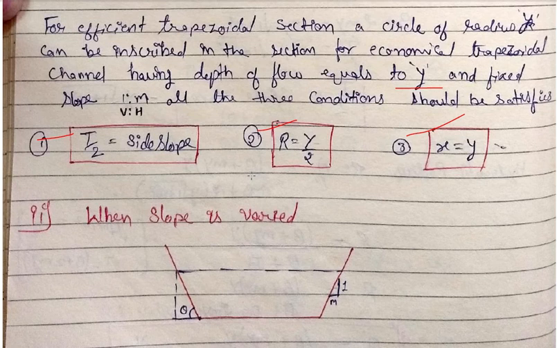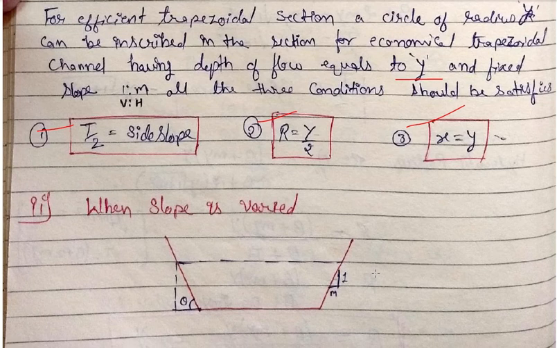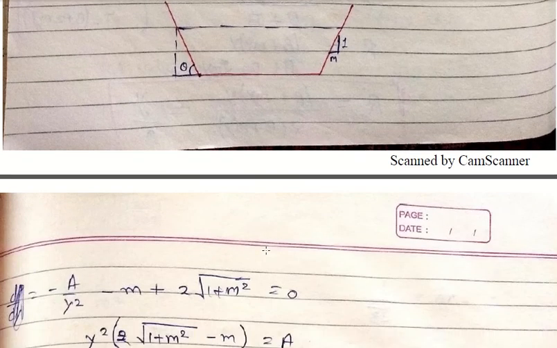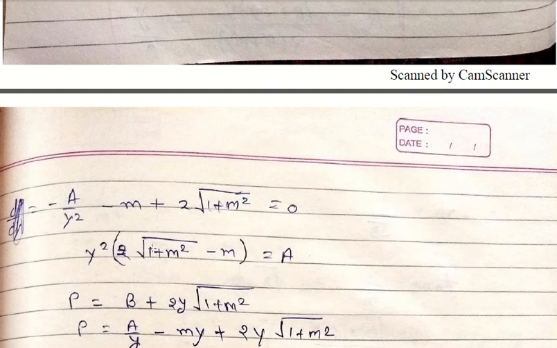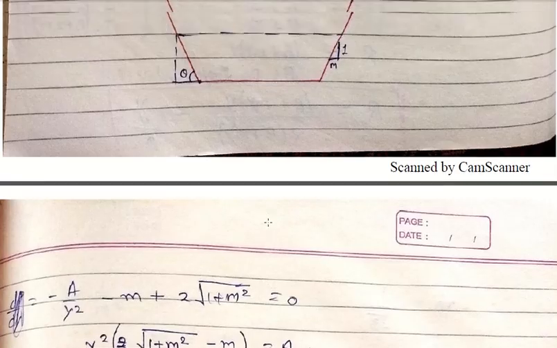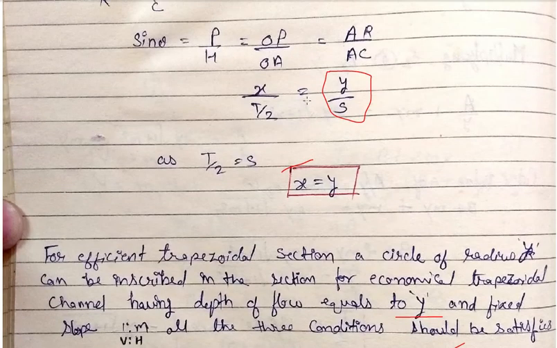Now when the slope is varied, that means now the variables are 3: width b, flow depth y, and varying side slope, so there are 3 variations. So we put here in one term: a by y square minus m plus 2 root of 1 plus m square from the first derivation.